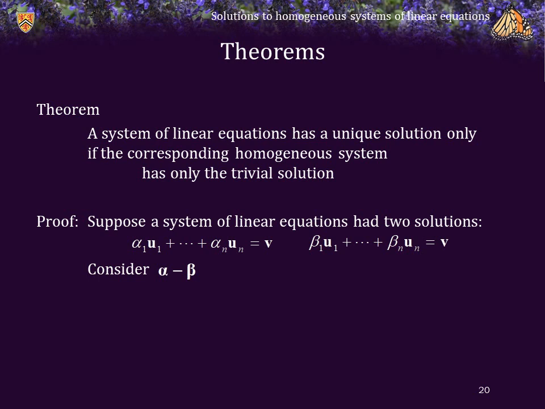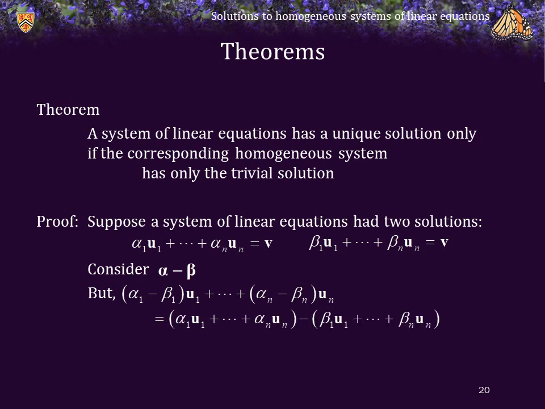Now, let's see what happens if we take the following linear combination of the vectors u1 through un. Well, using the properties of scalar multiplication and vector addition, which you know, you can rewrite this linear combination as this difference of two linear combinations.